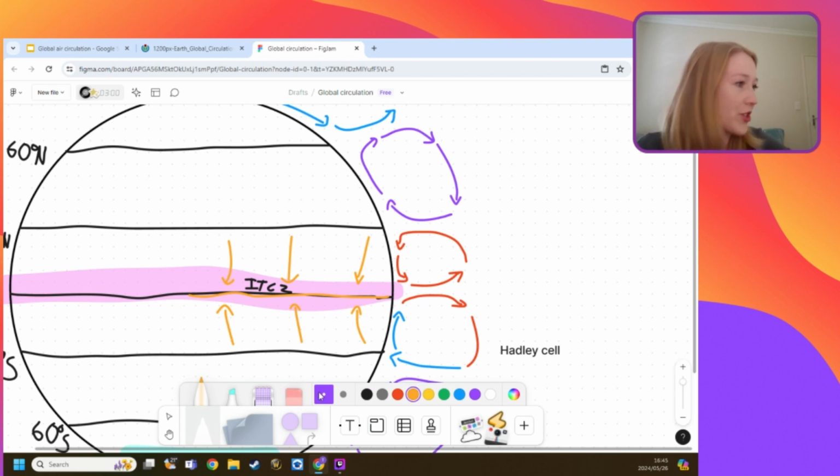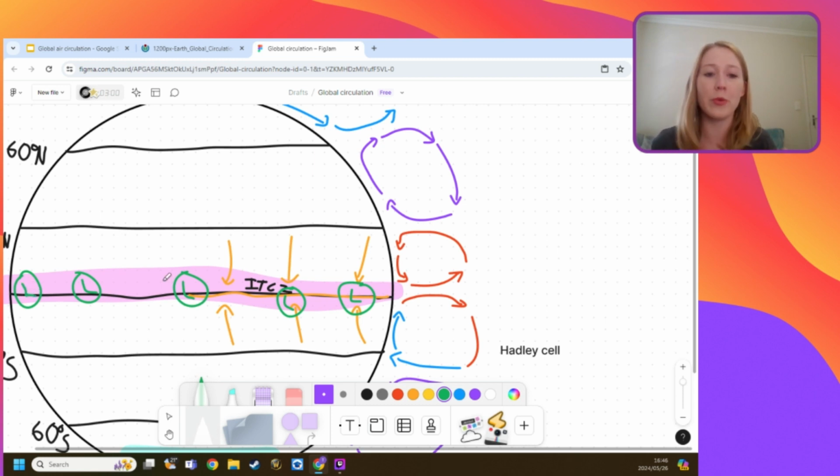Let's start by the equator. So we start with the low pressure. It is warm, so air is rising, therefore low pressure system. And then everywhere where we have the arrows pointing down towards the ground, so the air is sinking, we're going to put in high pressure cells.